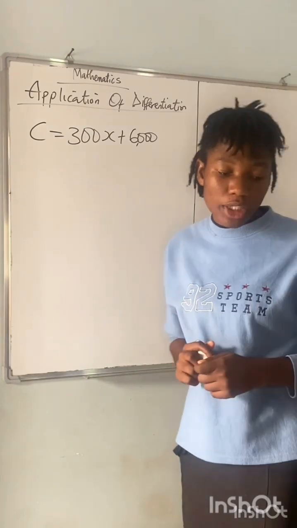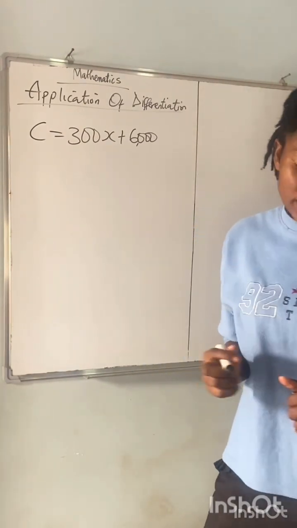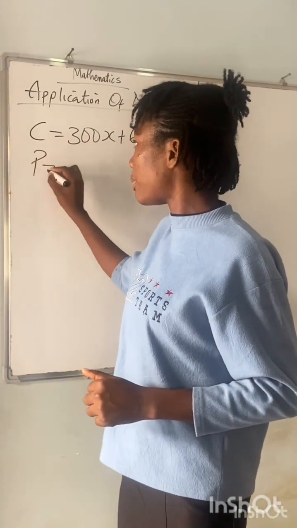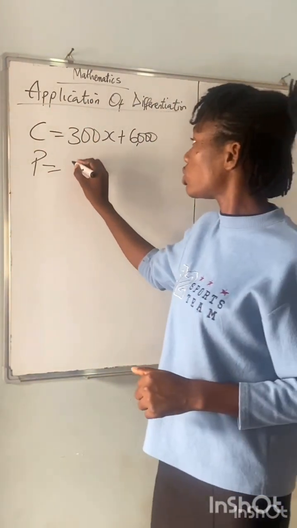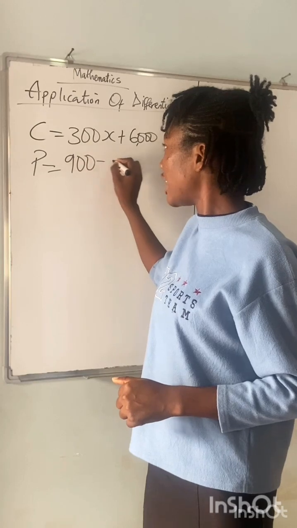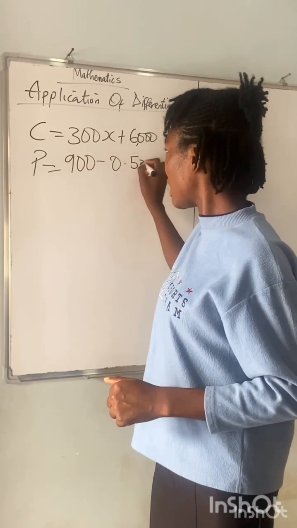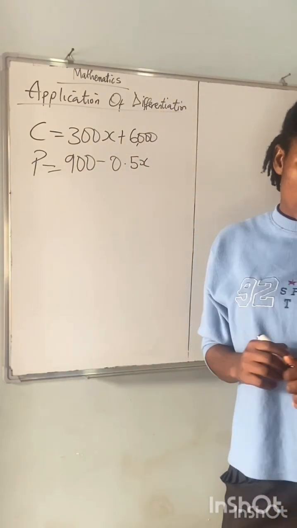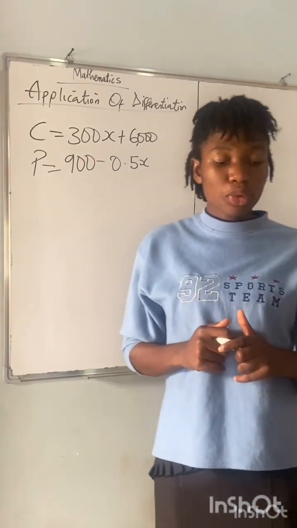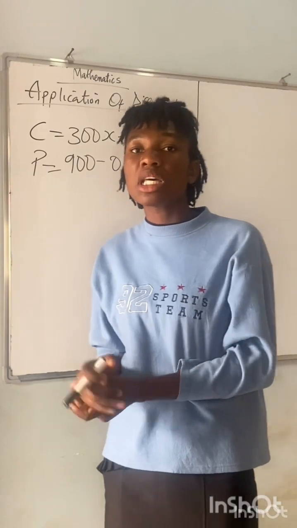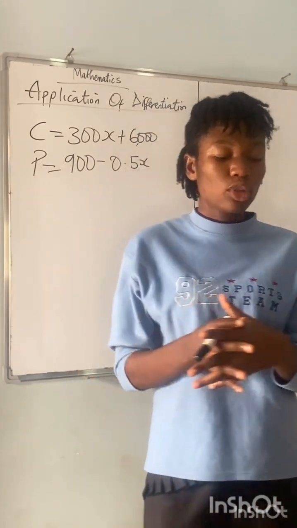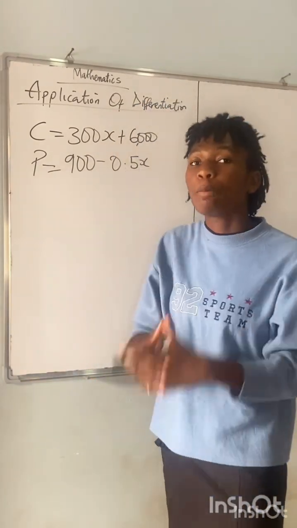The price per unit of the product is given as P. That is our price, and this is our cost. Our price is given as P = 900 - 0.5x. We are asked to find the production level that will yield maximum profit, and the value of the maximum profit.